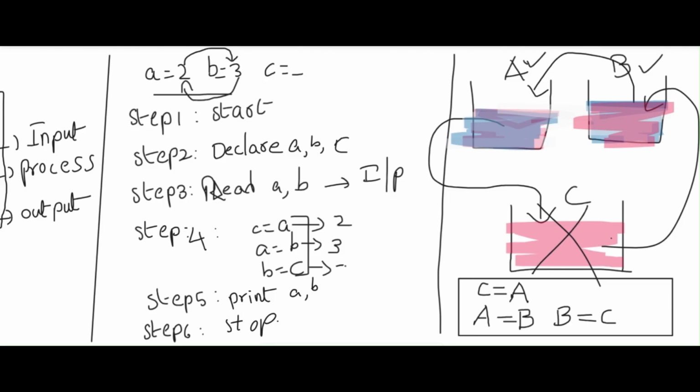And then to B, you're copying C. Now A has 3, B has 2. Values got swapped, right? This is how we write an algorithm. This is about what an algorithm is, why we need an algorithm, and how we write an algorithm. And finally, we also discussed what logic is. Hope you like this concept. Thank you so much for watching this video.